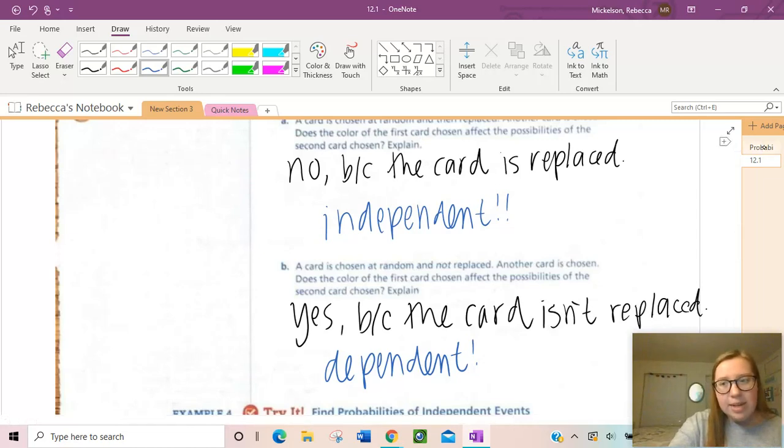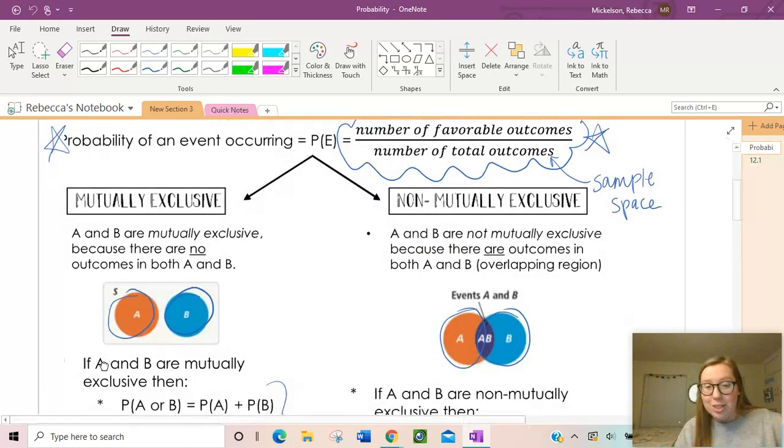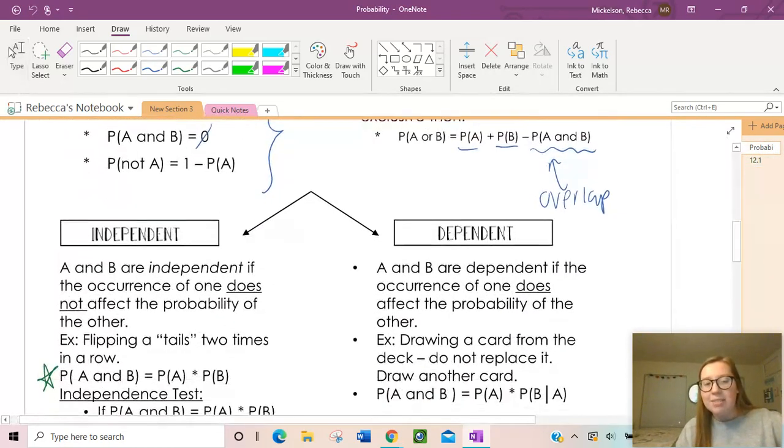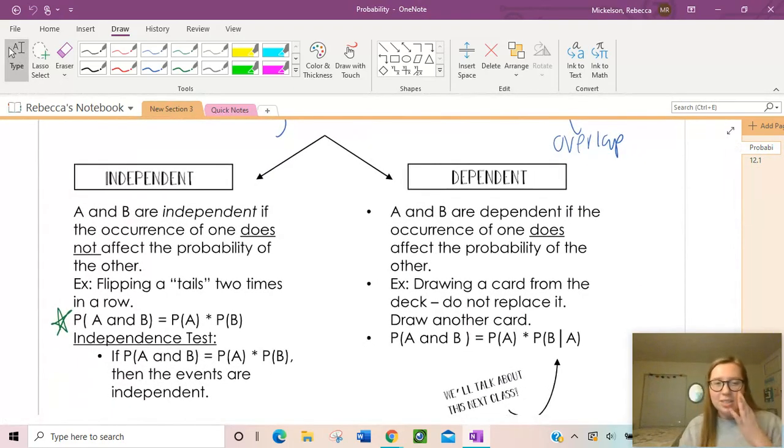And I've summarized that on our probability sheet here as well. I like to have good concrete examples and definitions. So here we kind of have it written out in words. Our independent events, A and B, are going to be independent if the occurrence of one does not affect the probability of another. So a good example of this is flipping a coin, heads or tails.